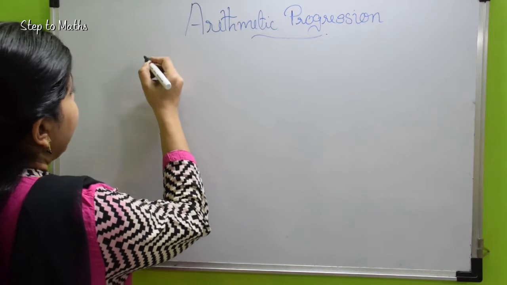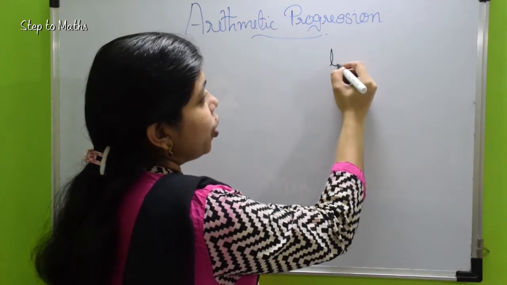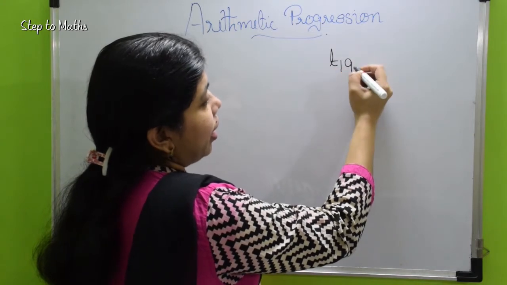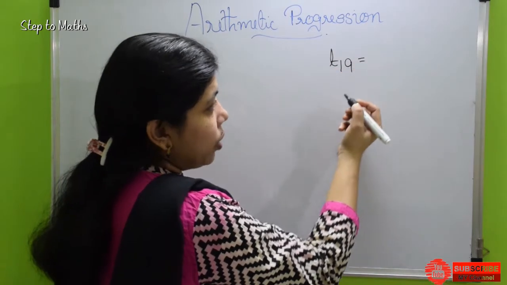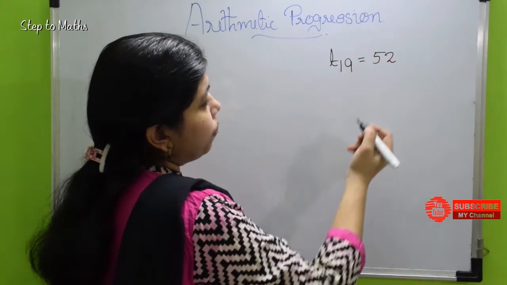In an AP, the 19th term, how can we represent it? T19. T19 is equal to 52.